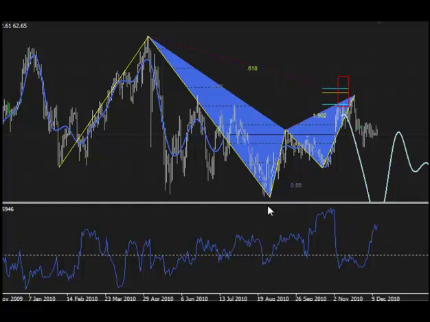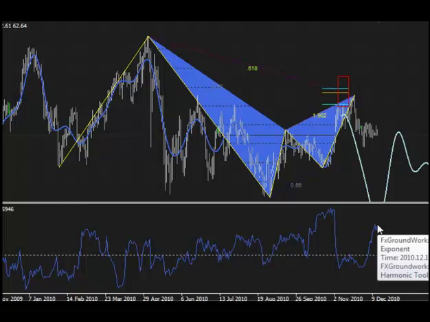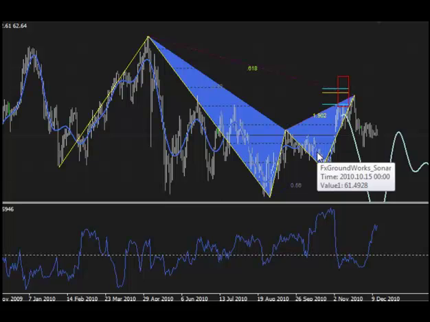But when you do get the software loaded correctly, you should see the sonar, which is important. We'll get into that, as well as the Hurst exponent, also important. And finally, the harmonic patterns, which is key. Now, the patterns that we're going to be looking at here are going to be run on, again, your broker's data feed, okay?